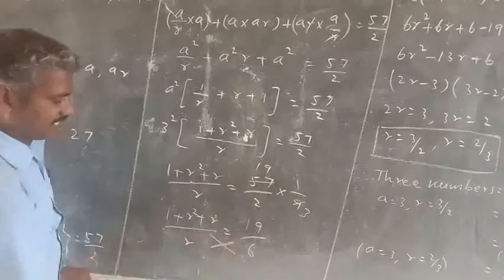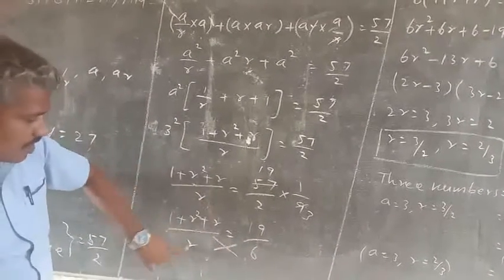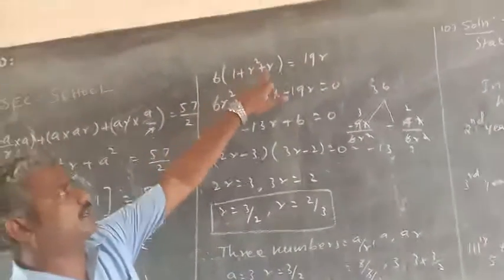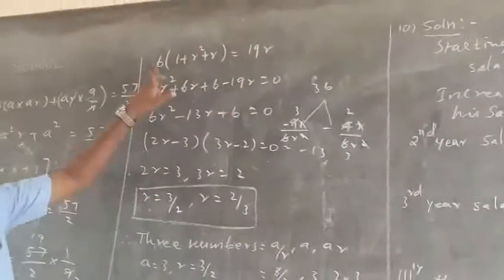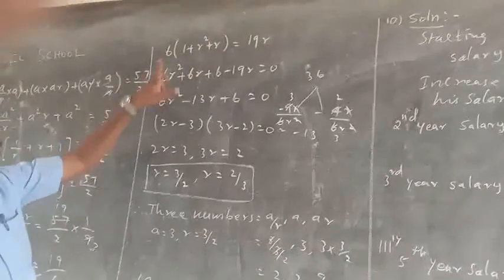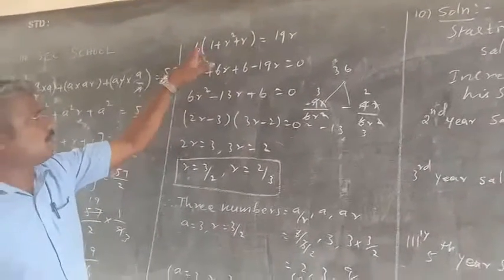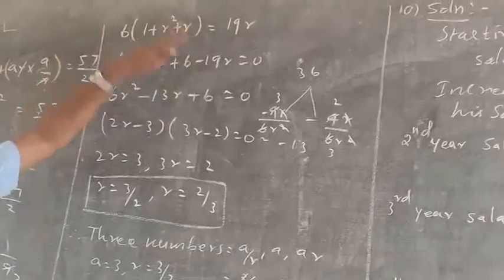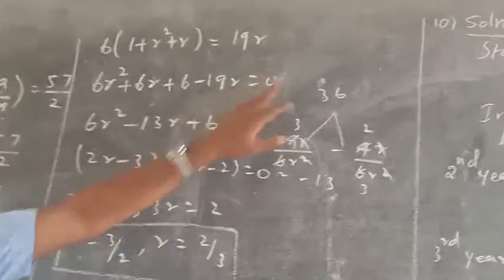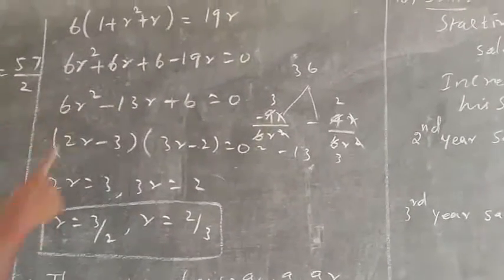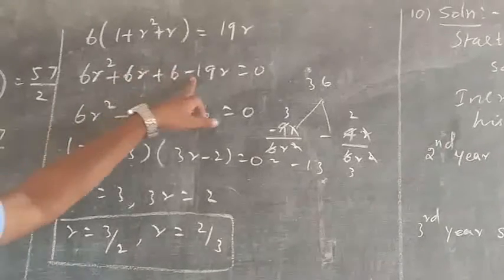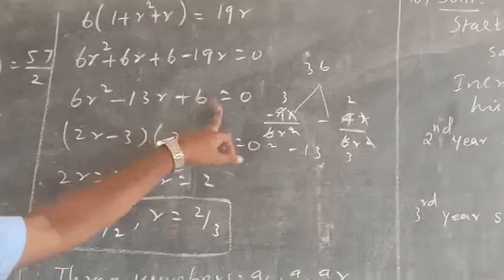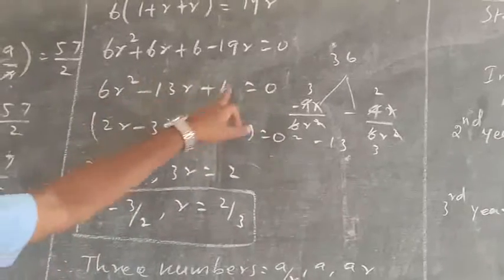Cross multiplication: 6 into this term, r into this term. So 6 into 1 plus r square plus r equal to 19r. Multiply: 6r square, 6r, and 6. This term is positive, so moving to that side it becomes negative: minus 19r equal to 0. So 6r square, 6r minus 19r gives minus 13r, plus 6 equal to 0. 6 6s are 36.